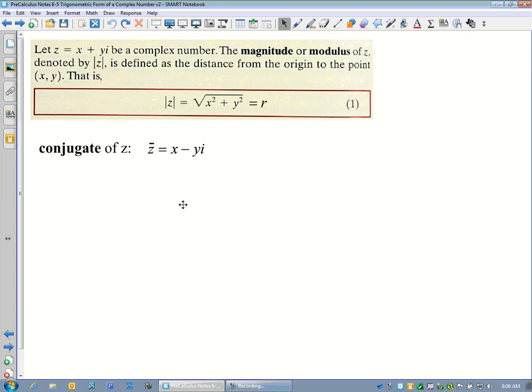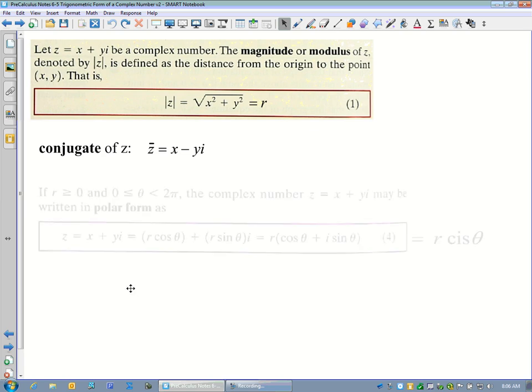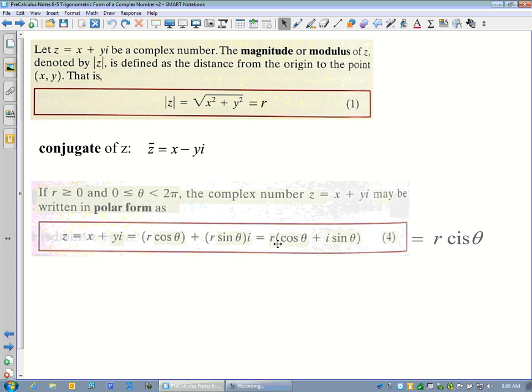Now, when we talk about polar form, and we're going to see how we got to that r cosine theta plus i sine theta, again, our radius must be non-negative, and theta is between 0 and 2 pi, or between 0 and 360. So if we have a complex number, x plus yi, then the polar form, we can think of it this way.